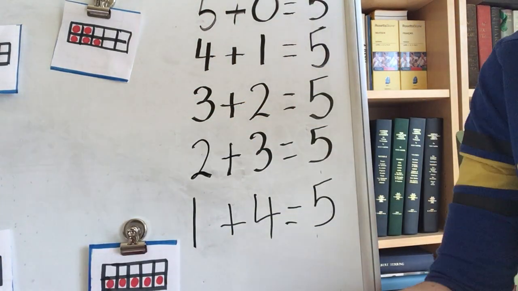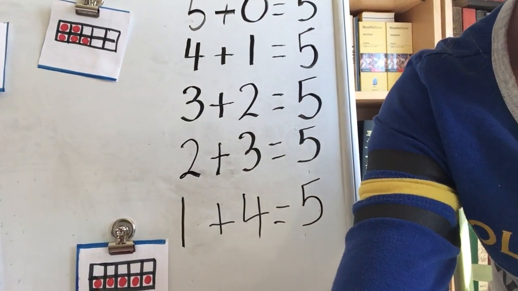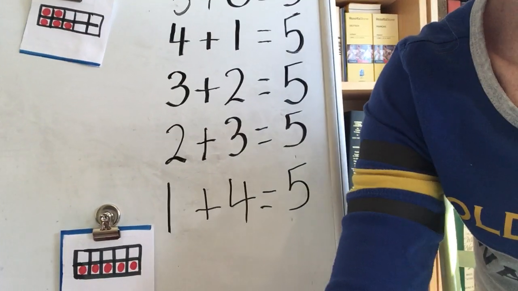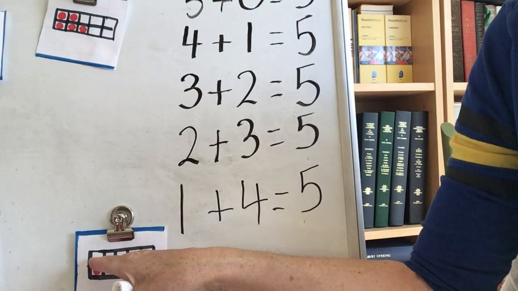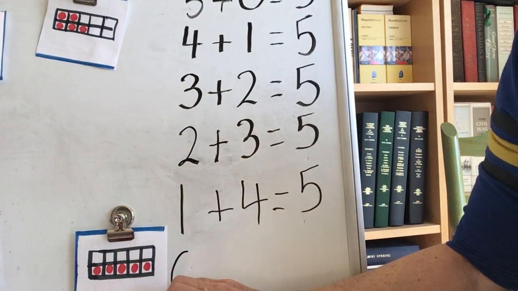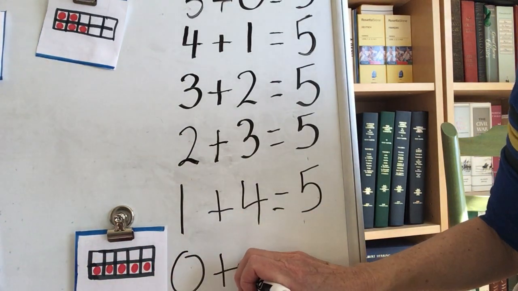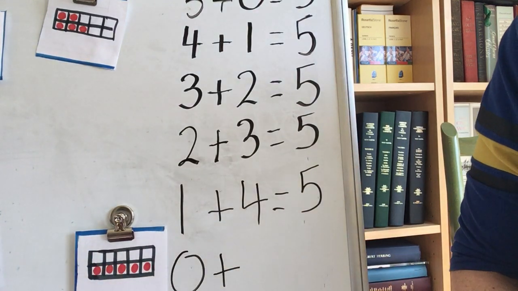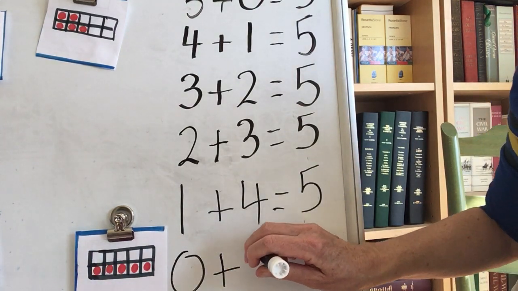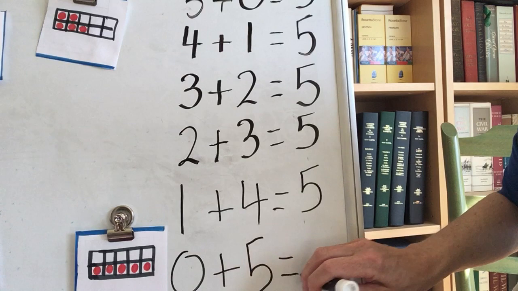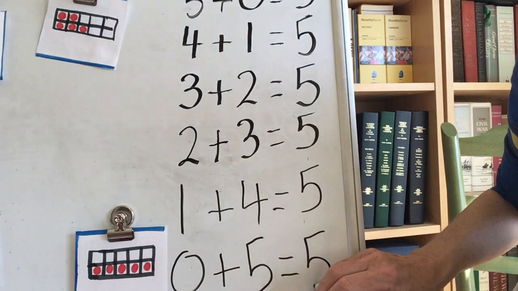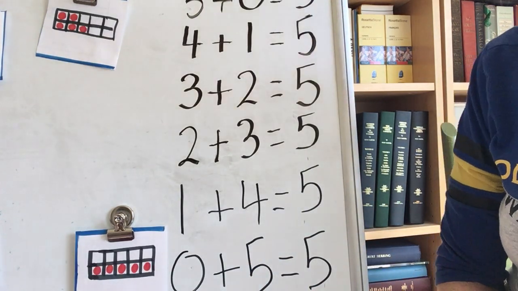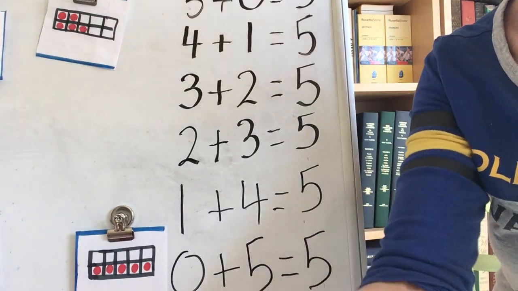Look at the top row. How many are on the top row here? 0 red dots. Plus, I can just look at the bottom to know that there's 5 red at the bottom. And what does 0 plus 5 equal? 5. Wow.